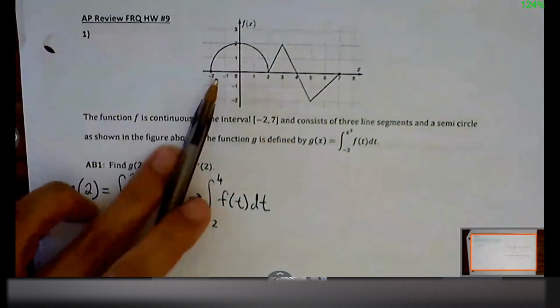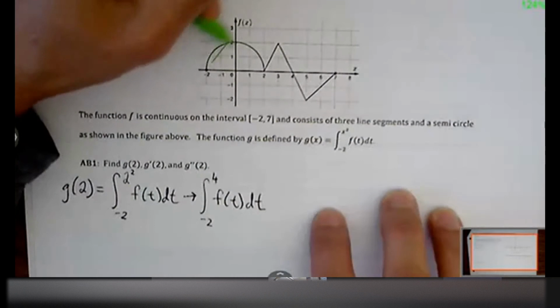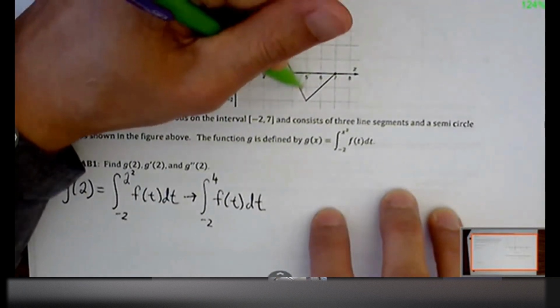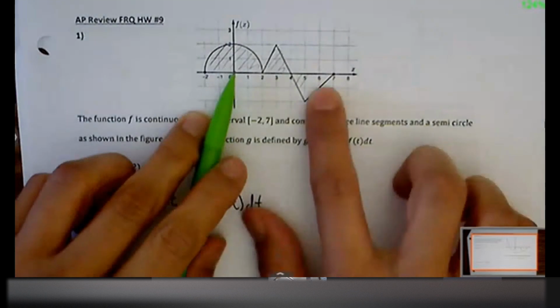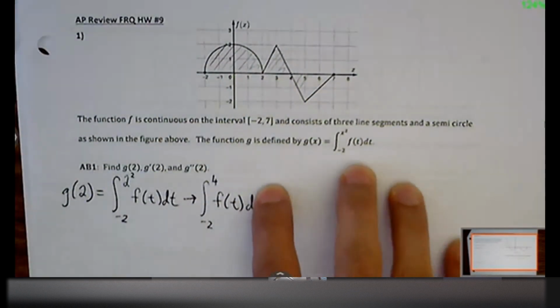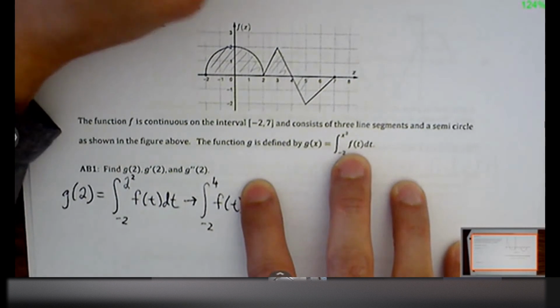These are nice geometric shapes. We're just going to find the areas of these regions that we're working with. I'll just do the first two regions here. We've got a semicircle, so 1/2 pi r squared. All these formulas will be on that formula sheet.